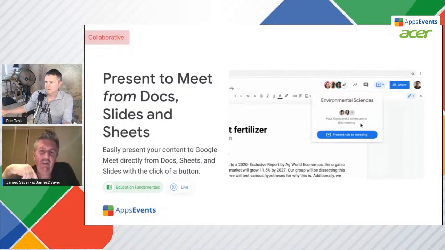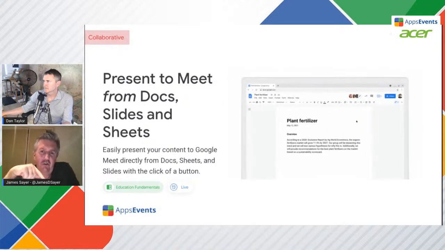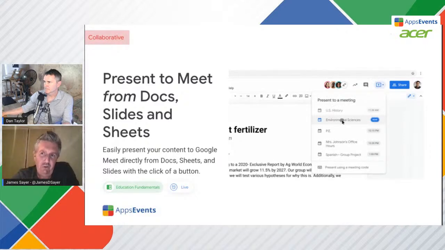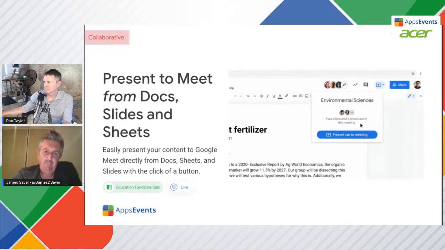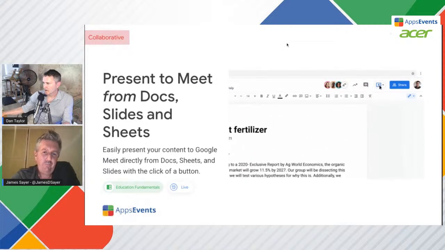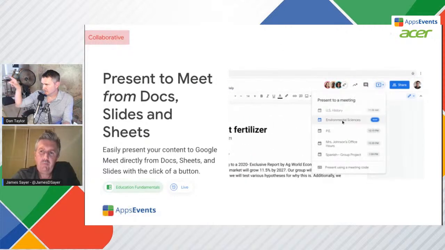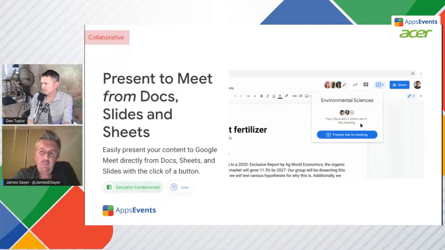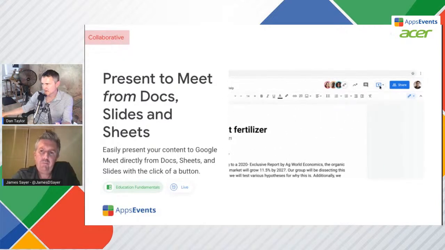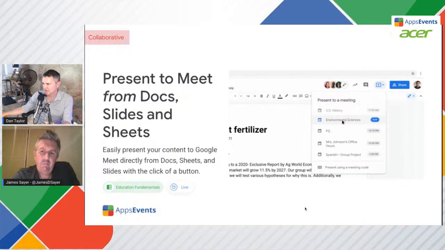Very hard to find it. Well, this enables you to go to your doc and then just click the little present button there, and it'll bring up your document into the Google Meet. Great. And again, there's a button. If you look right now to the top right of your doc, you'll see this kind of blue button with a TV with an arrow in the middle of it, and that's where you do this from.